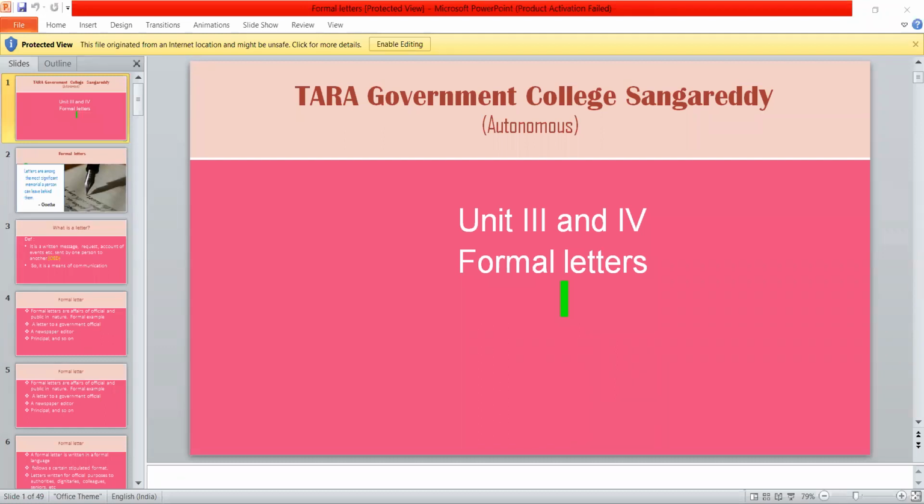Avoid outdated or obsolete expressions. Obsolete expressions, outdated expressions, old or archaic expressions. Avoid outdated expressions such as yours obedient servant, yours respectfully, as they are considered old-fashioned.